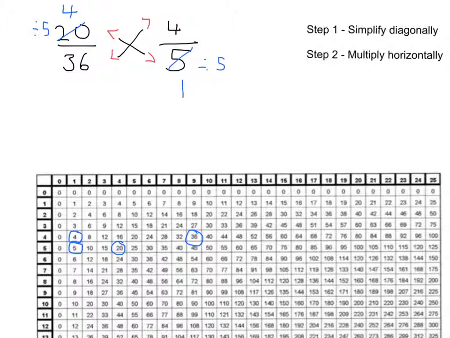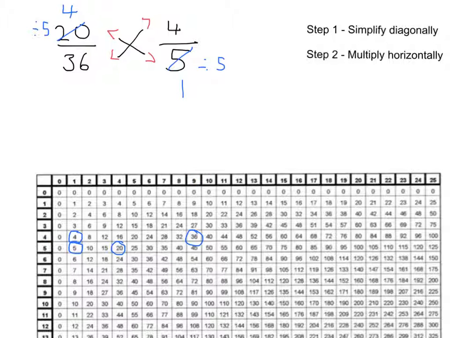Okay, so we have again the numerator and the denominator in the same row, in this case the multiples of 4. So that means that the number 4 is able to go into both numbers because, as you can see here, 4 divided by 4 is 1 and 36 divided by 4 is 9.